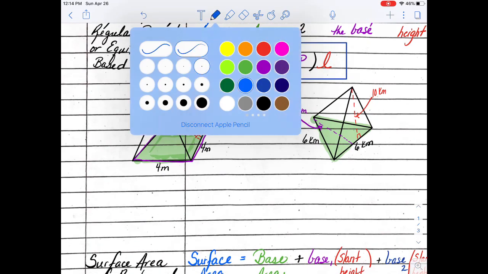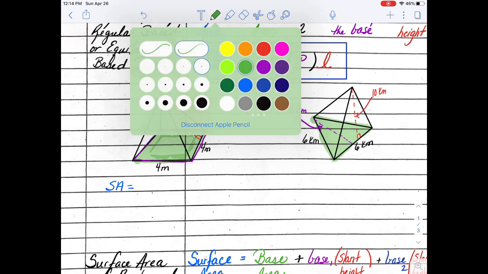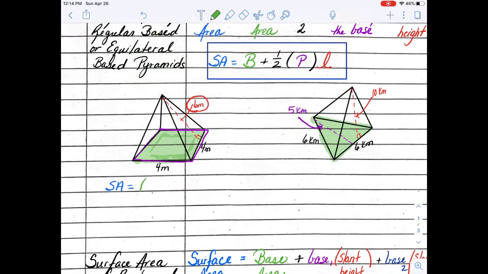So let's look at this first problem. I've given you that formula for that surface area. And the surface area is going to be the base area. Well, look at that base. Again, it's a square. So the area of any square is just 4 times 4 in this case. Base times height, exact same number.